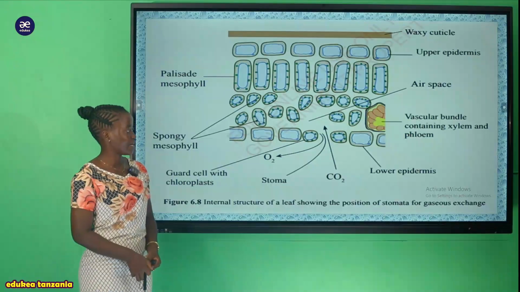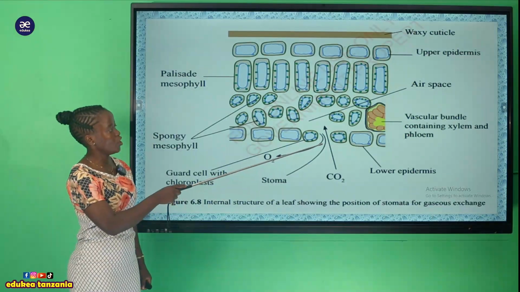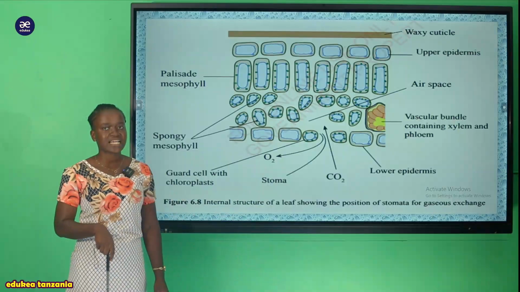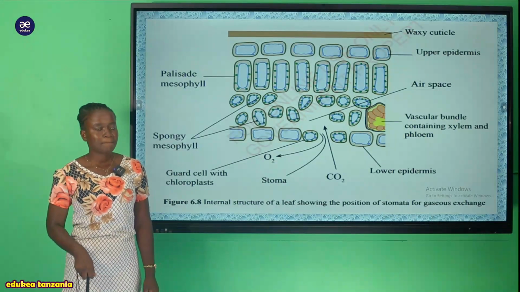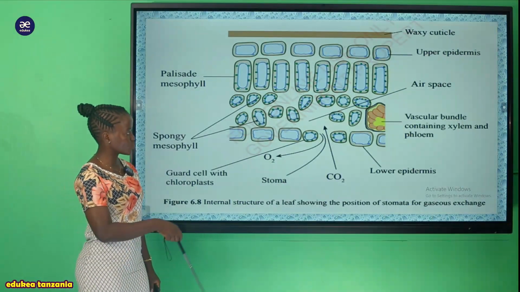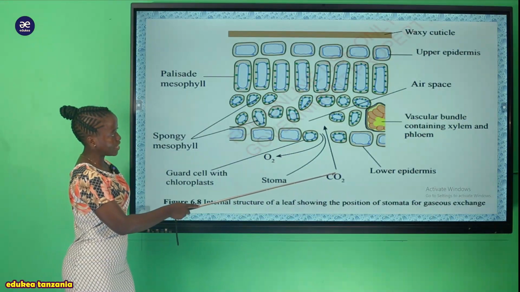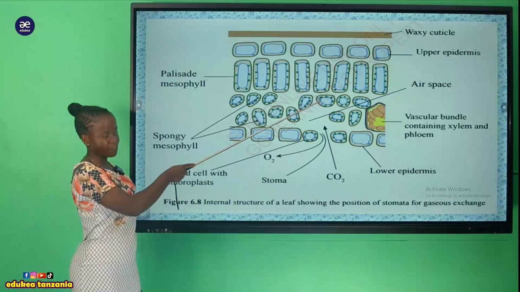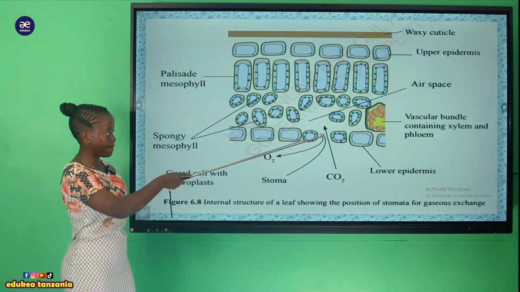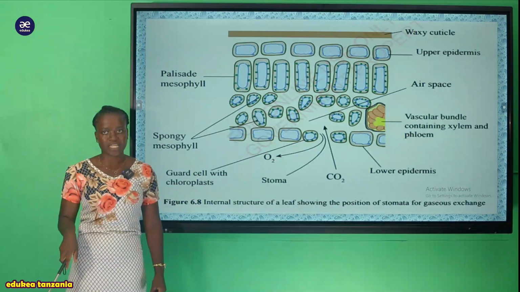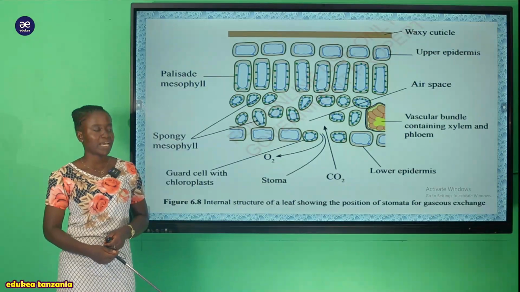So here you can see in the stomata or in the stoma, it is just an intercellular space ambapo sasa ina allow the exchange of carbon dioxide and the oxygen. Unaweza ukaona hapa carbon dioxide inaingia kwenye leaf, lakini pia at the same pore you can see the oxygen tend to leave the plant.